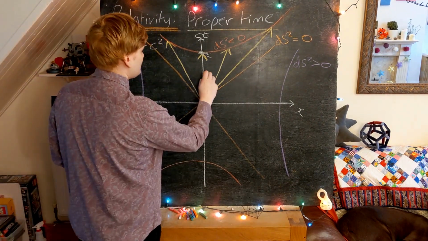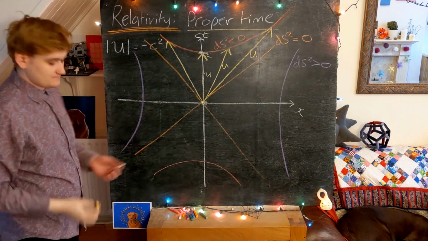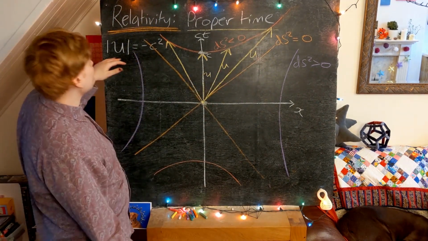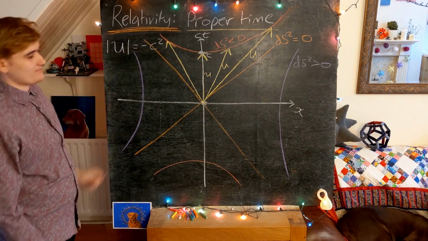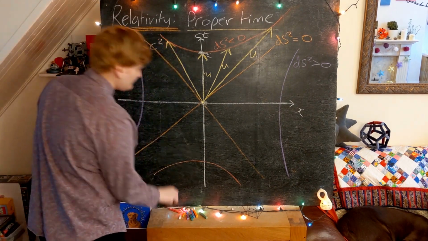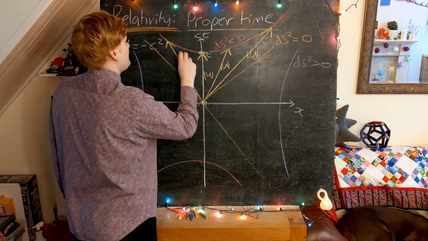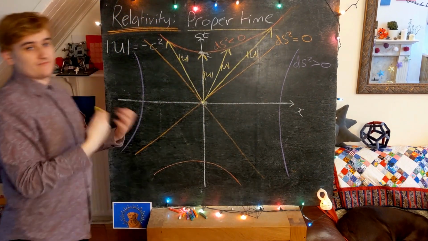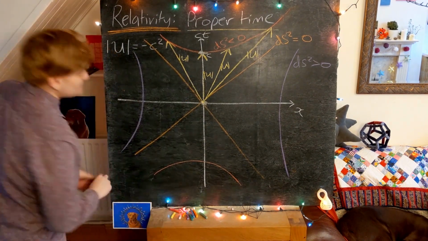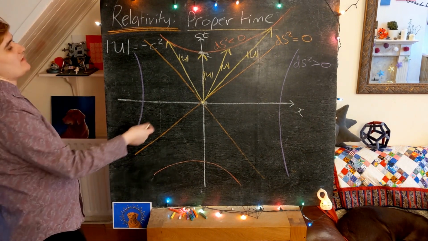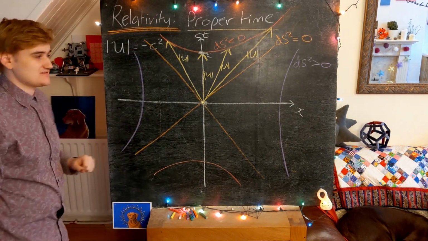These are all just copies of this forward velocity vector, or rather, they all have the same length. They are different space-time vectors, they just have different components, but those components are going to sum up in the Minkowski way to always give us a length of minus c squared.